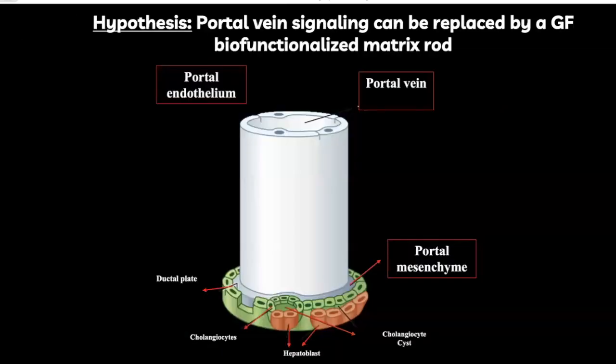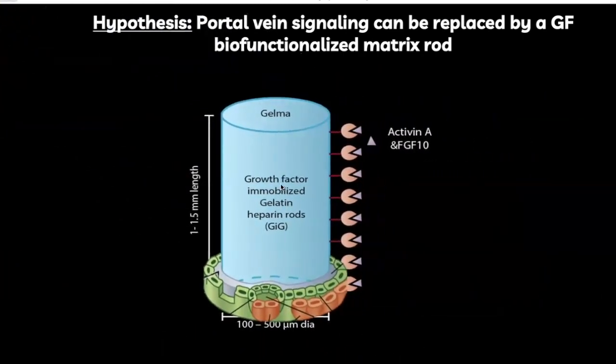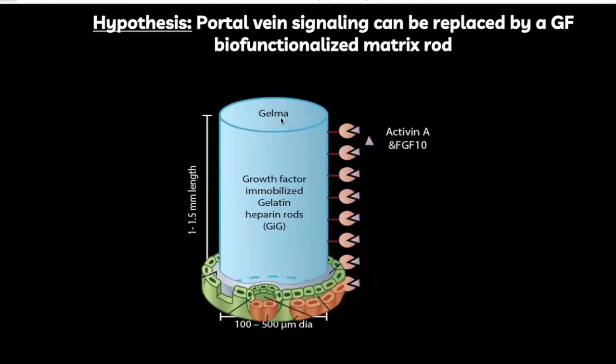So we had this hypothesis that what was missing in all the systems was precisely to have guiding cues, which were provided by the portal vein. So the idea was to replace the portal vein and the surrounding mesenchyme by a rod made of gelatin methacrylate. So it's gelatin cross-linked with methacrylate groups.